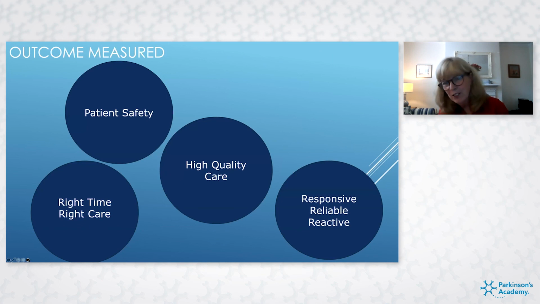And our outcome measures have got to be patient safety first and foremost. We all want to deliver high quality care. That's why everybody who's on this webinar today is here, because we all have buy-in to high quality care for people with Parkinson's. We want to be responsive, we want to be reliable, we want to be reactive, and we want to offer people the right care at the right time.